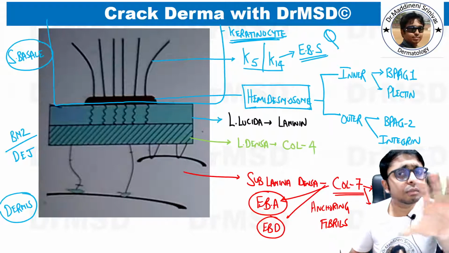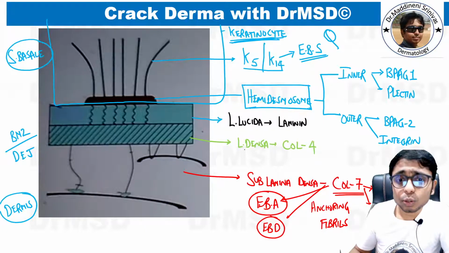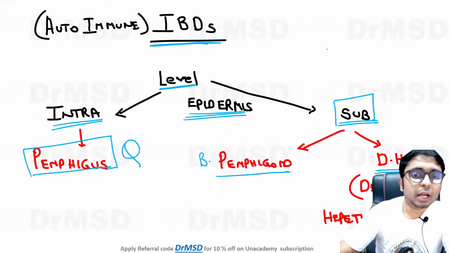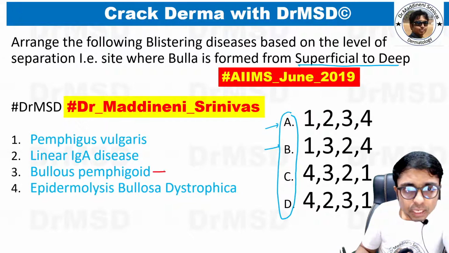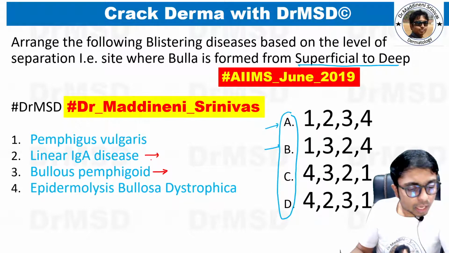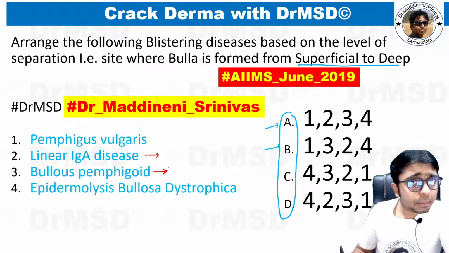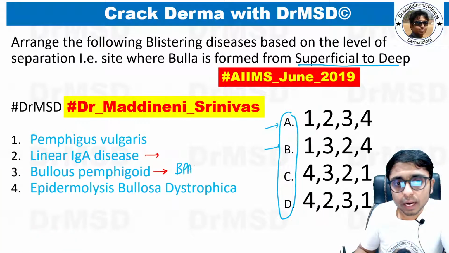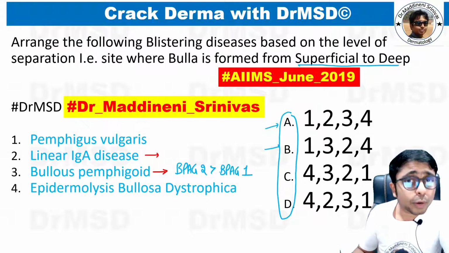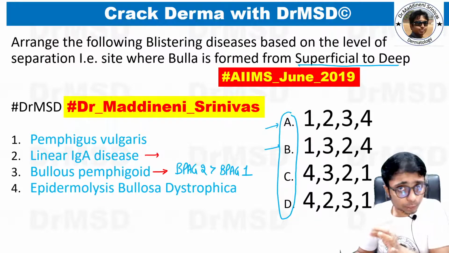Now we are left with the hemidesmosomes, lamina lucida and lamina densa. In the given question you can see that we have bullous pemphigoid and linear IgA disease. You must remember that in bullous pemphigoid, BPAG2 (bullous pemphigoid antigen 2) and bullous pemphigoid antigen 1 both have auto antibodies.